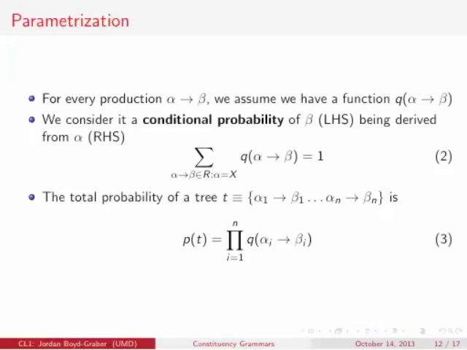So that's the probability of a particular rule, and then for an entire tree that has a bunch of productions, the probability of the whole tree is just the product of all of the productions that went into that tree. Now, of course, this doesn't sum to 1, so we need to normalize this, but that's a relatively straightforward process.